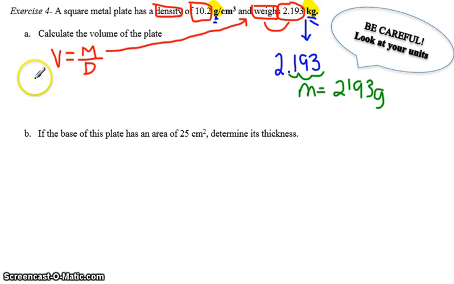So you're going to get a volume when you substitute this number in and that number in. Once you have the volume, you are going to figure out the thickness. And the thickness is just another word for the height of that plate.